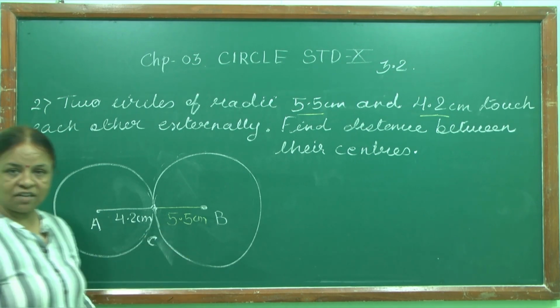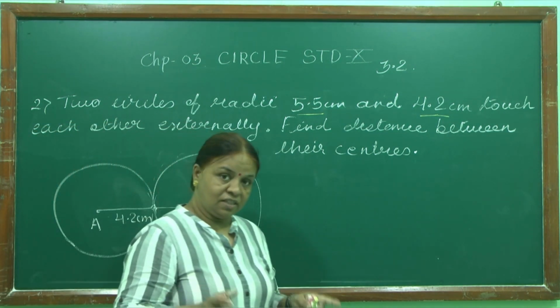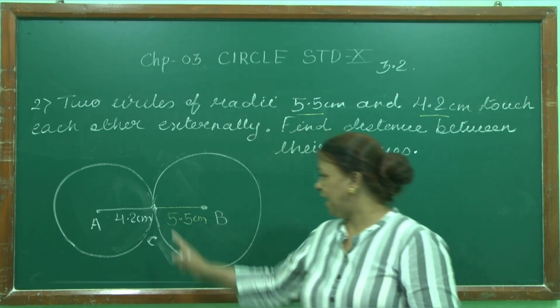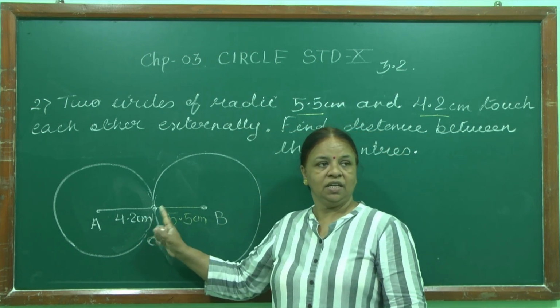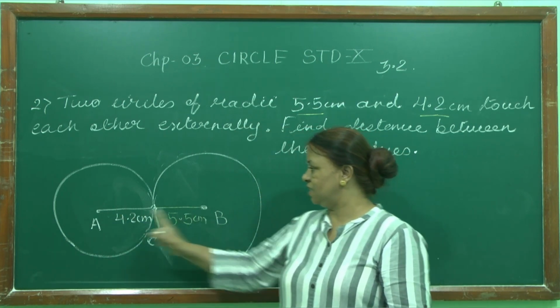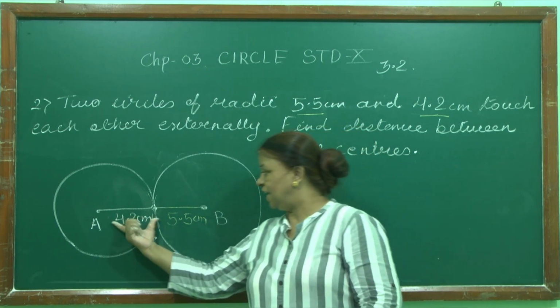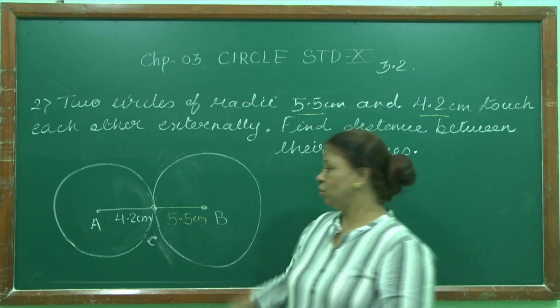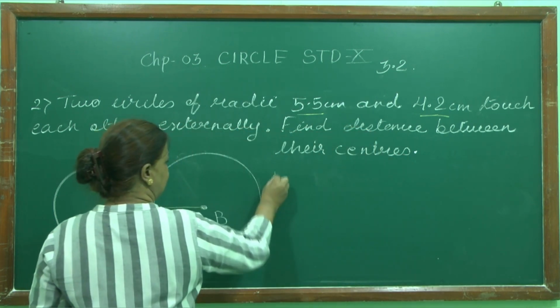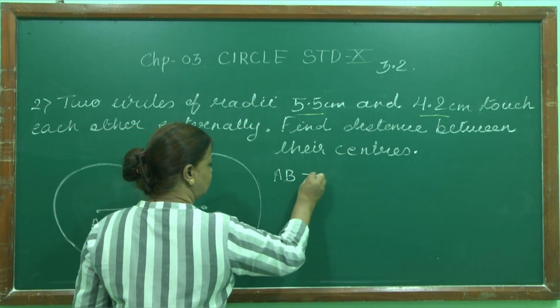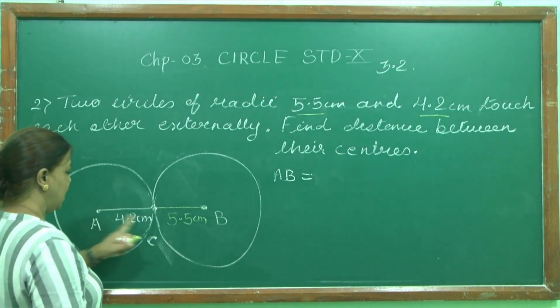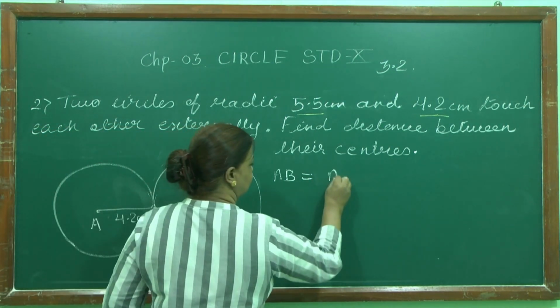So we have already discussed, children, when circles touch each other externally at one point, the distance between the centers of the circles would be equal to the sum of their radii. So here AB is equal to AC plus CB.